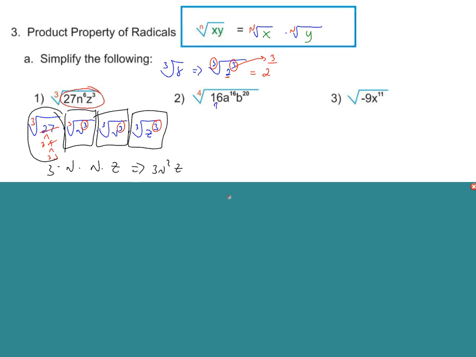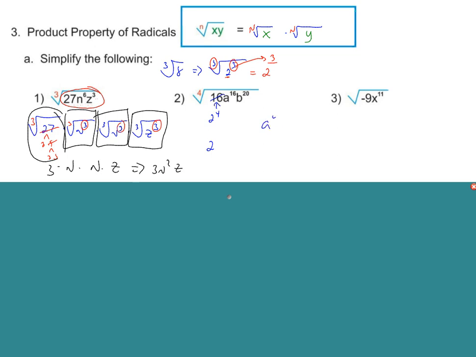In the second example, we have a 16. Do you know what the fourth root of 16 is? If you factor 16, you get 2 to the 4th. So what's the fourth root of 2 to the 4th? 2. Whenever the index matches the exponent, the root is the base. Now I have an a to the 16th. In your mind, you can think of it as a to the 4th times a to the 4th times a to the 4th times a to the 4th.